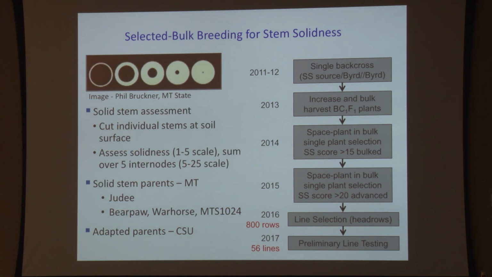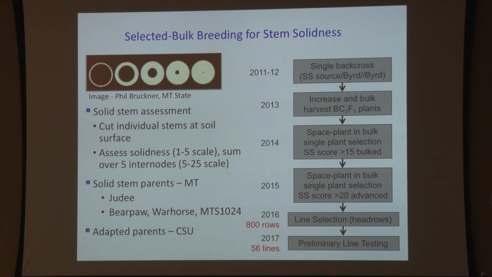He's used a selected bulk breeding method where he will do a back cross of the solid stem source to a local variety. What's shown here is Bird, increasing and bulking the harvested plants, the selected plants, scoring on this 0 to 25 scale.